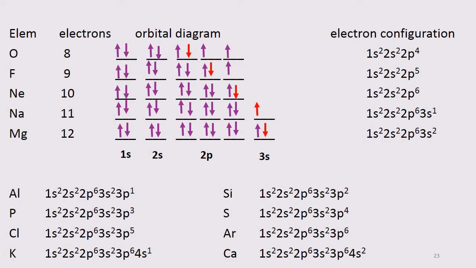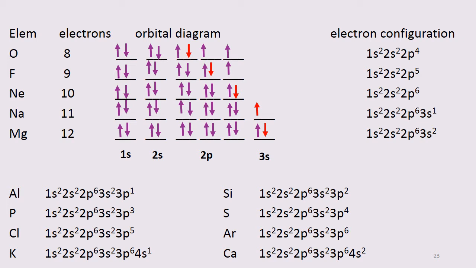All right, so now oxygen with the 8th electron, because the 3s subshell is higher than the 2p, now we're going to fill up the 2p subshell before we go on. So now that they're half filled with one in each orbital, the next electron will have to pair up.